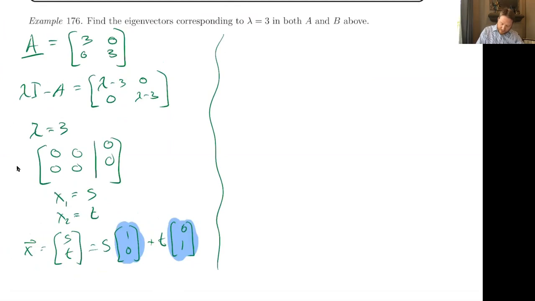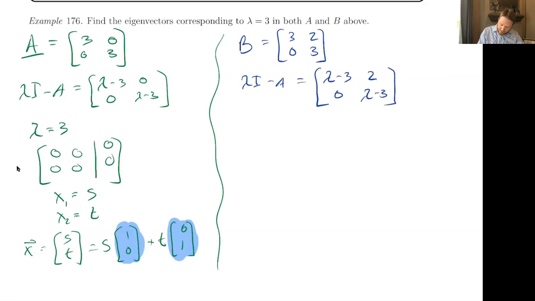In case B, when I get [3, 2, 0, 3], lambda I minus A in this case just has a 2 in it. And you can see what happens. When I plug in 3, I get [0, 0, 2, 0], which does not give me two different eigenvectors.